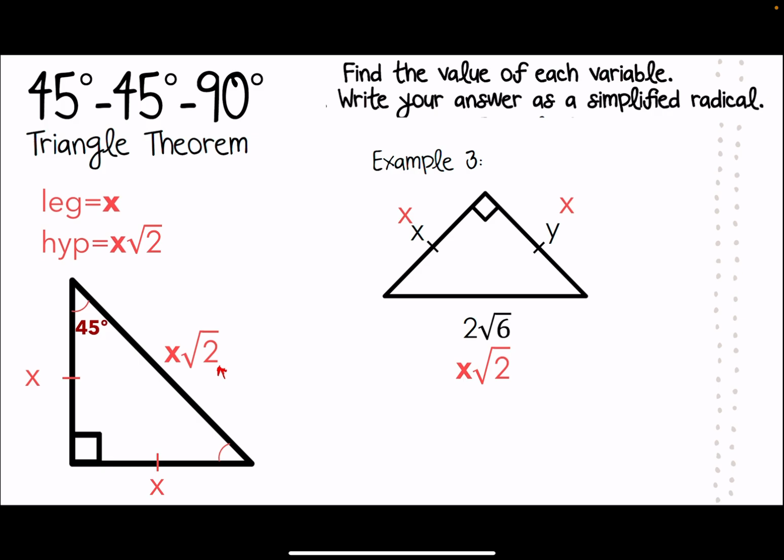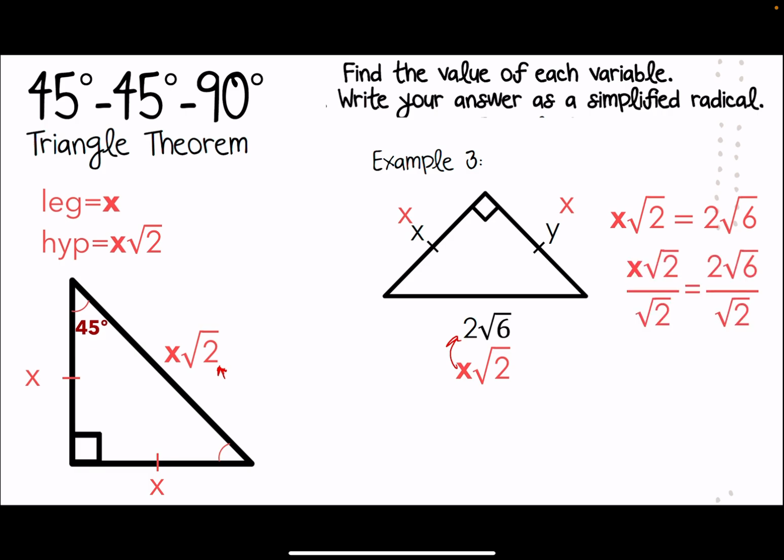Now I'm going to set this equal with my given. And I'm going to be dividing by radicals. This is the Algebra 1 skill, so if you're struggling with this or you don't remember or you never learned it, then shoot me a message and we'll make sure to give you some instruction over that. So I'm going to divide both sides by the square root of 2. This is going to 1 out.